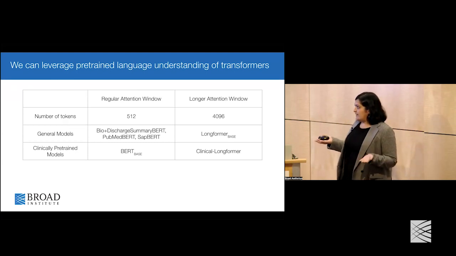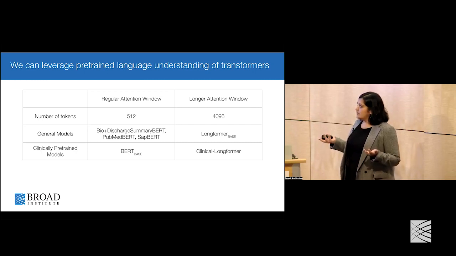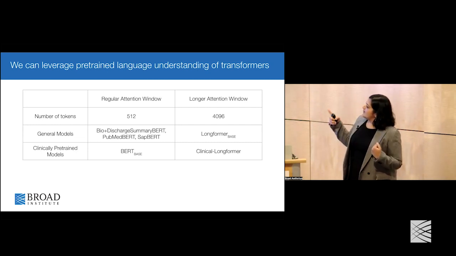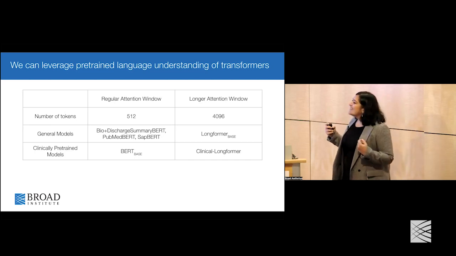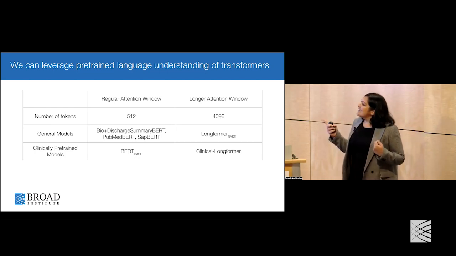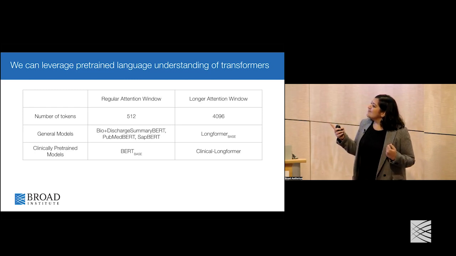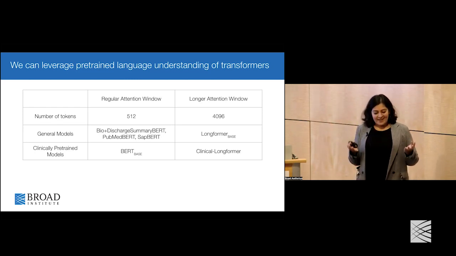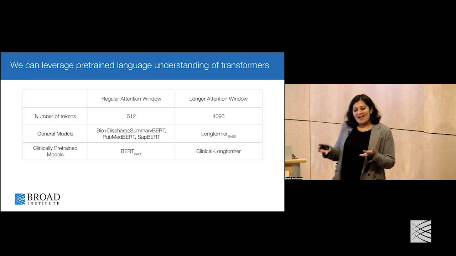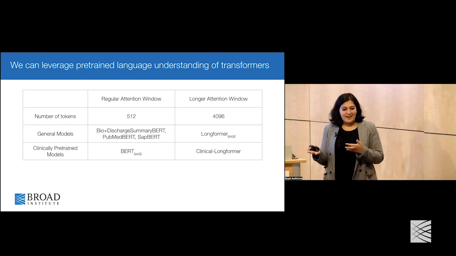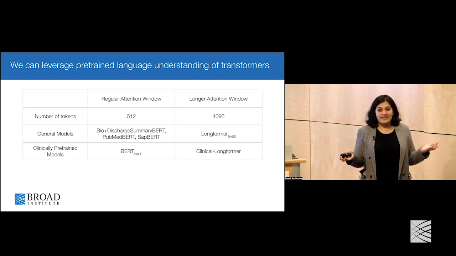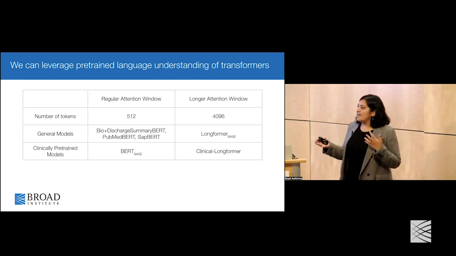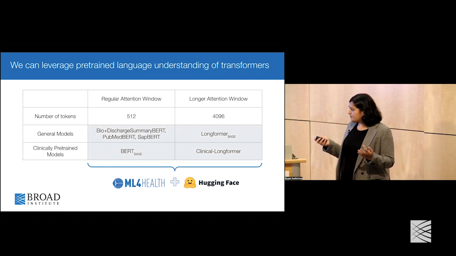And then we have the standard BERT-based model, I might have switched these around, pretend that these are in the correct order. So basically we have BERT models that are 512 tokens long and long form models that are 4,096 tokens long. That's basically the number of tokens that they can look at. And then we have clinically pre-trained or not.